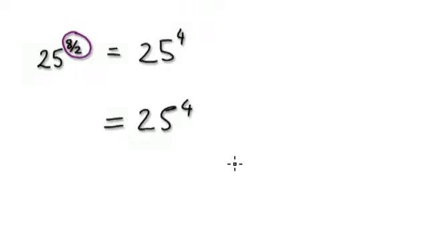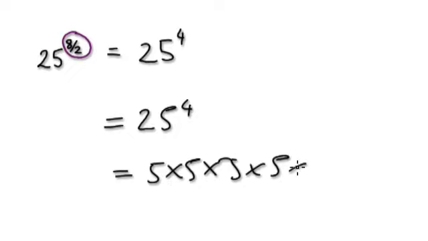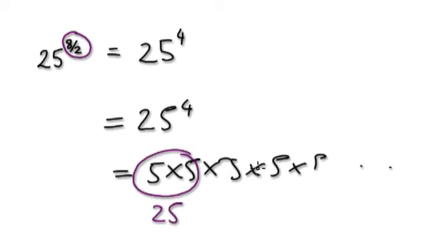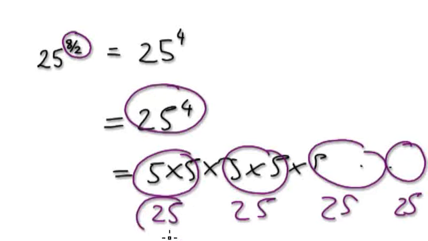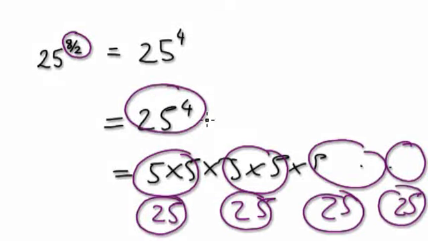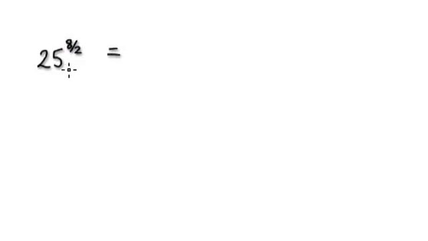Just like earlier, with 5 times 5 times 5, 8 times, we merged this to 25, these two to 25, and the last two too. So you can see this is actually 25 times 25 times 25, 4 times. Can you see that?